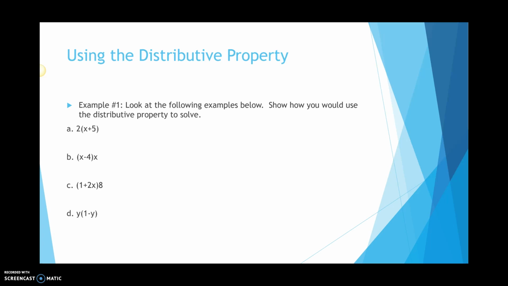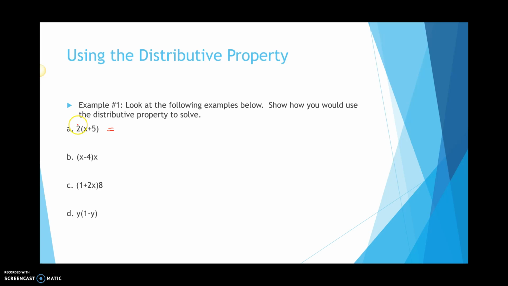In this section, we're going to be looking at different examples working with the distributive property. Example 1 says, look at the following examples below. Show how you would use the distributive property to solve. For A, we have 2 outside the parentheses, in the parentheses x plus 5.